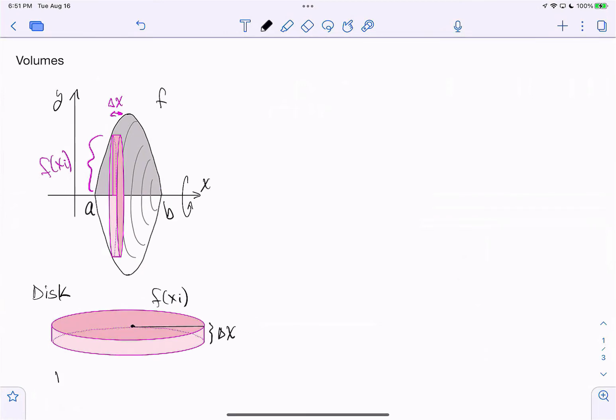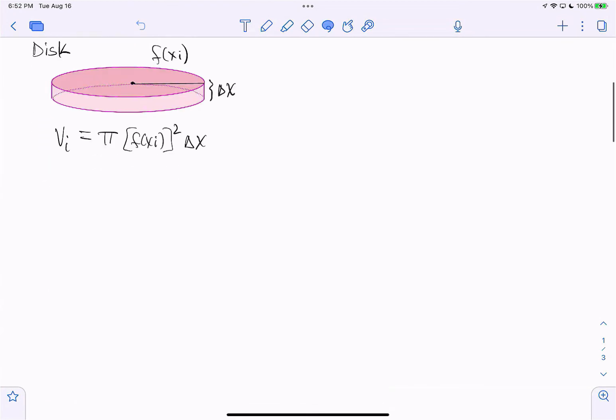So we can say the volume sub i, the volume of one of these disks, is going to be based on the area of a circle times the height, right? So it's pi r squared, but r is f of x sub i, times the width of the thing, delta x.